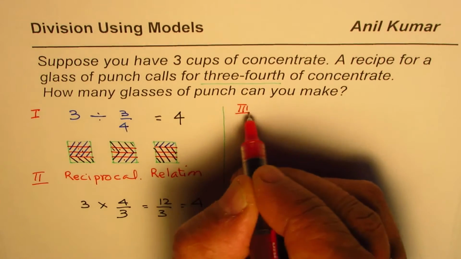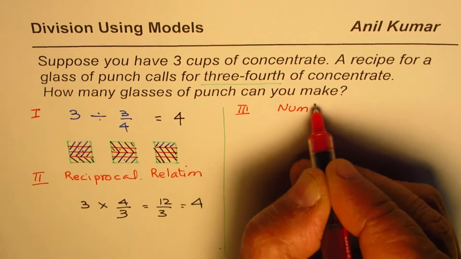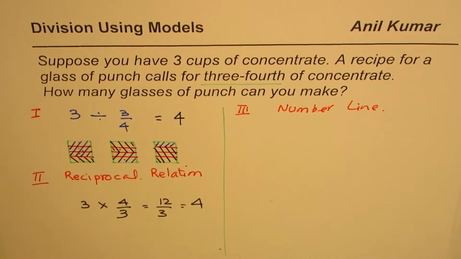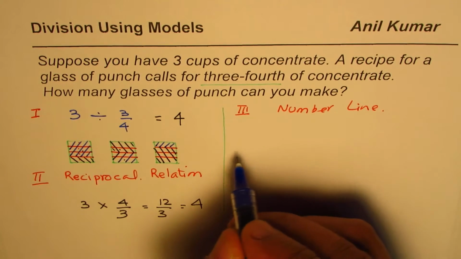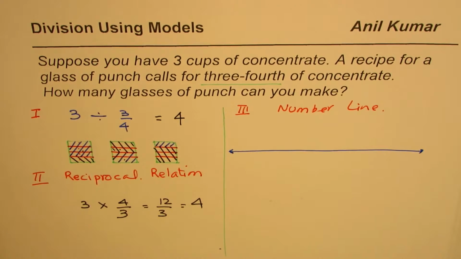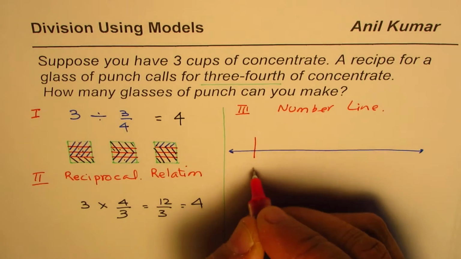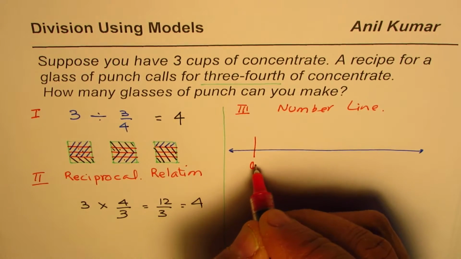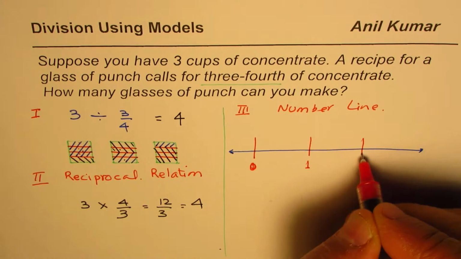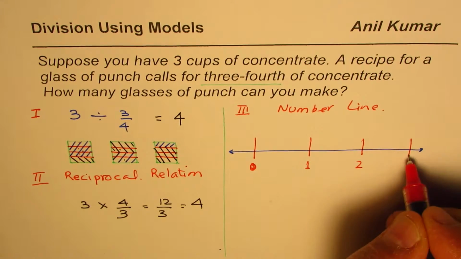Here is another method. We call it the number line. Now this is very important to understand, sometimes a bit confusing. We'll take a number line which extends on both sides. On the number line, let's make 3 divisions. Let's start with 0, and let's say this is 1, 2, and this is 3.